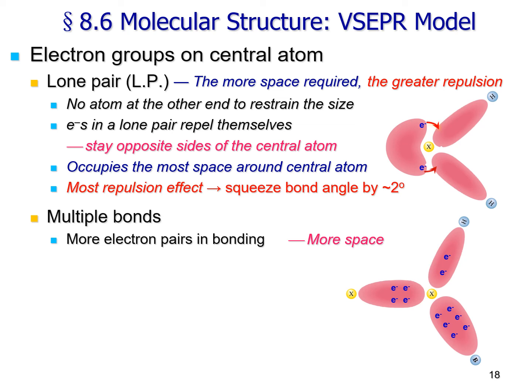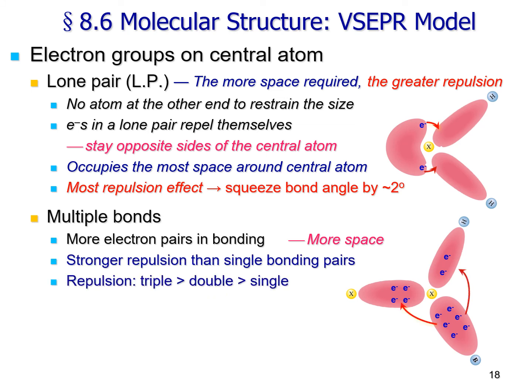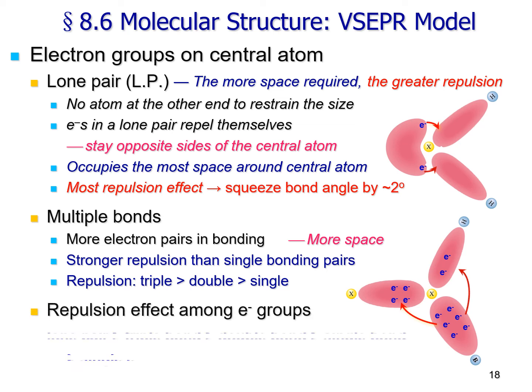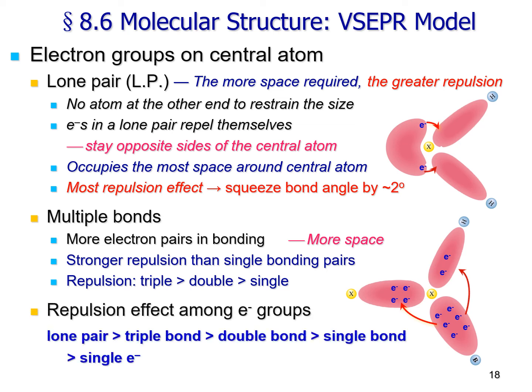And more space, more repulsion. That is the reason why triple bond has the greatest repulsion among all three bonds. As we put them all together, lone pair has the greatest repulsion effect, triple bond second, double bond follows, while a single electron radical has the least.